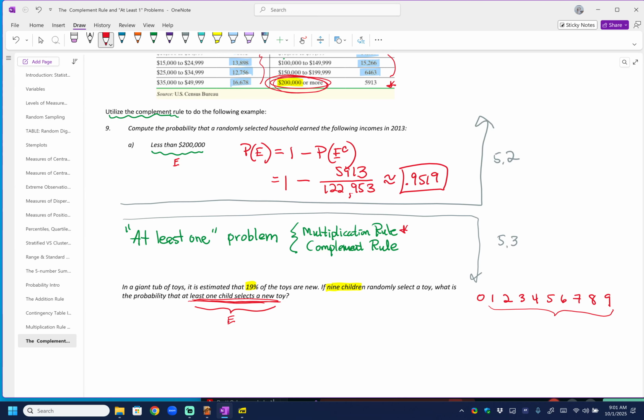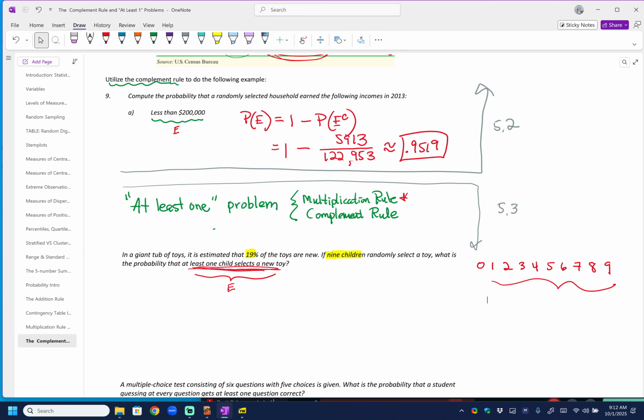Okay, so what's the alternative here? What could we do to make our lives easier? Well, if this is the event E, which means all of these, then what's the complement of the event E? It is 0, as in none of the children end up getting a new toy.